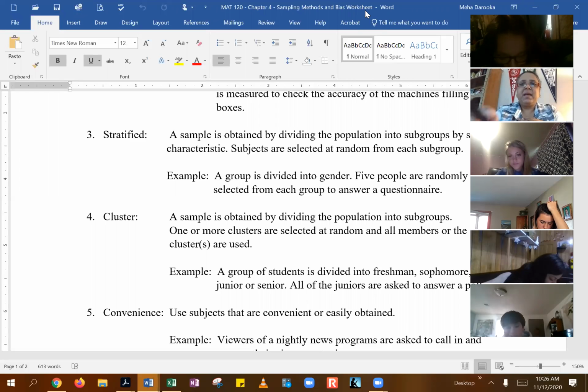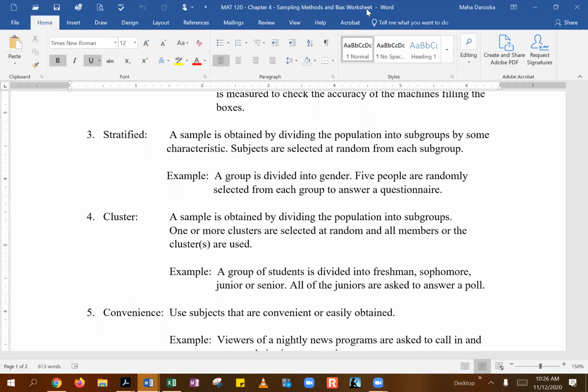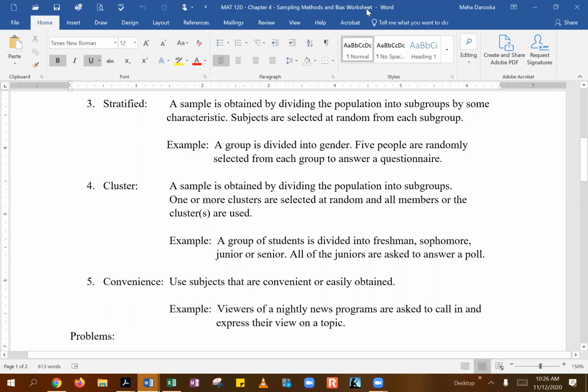Now, cluster, and sometimes stratified and cluster can seem almost the same, but the difference is that in stratified, we select members from each subgroup. In a cluster, you actually take everybody who's part of the cluster. So a cluster is a sample obtained by dividing people into subgroups, but in this case, one or more clusters are selected at random and all members of the cluster are selected.